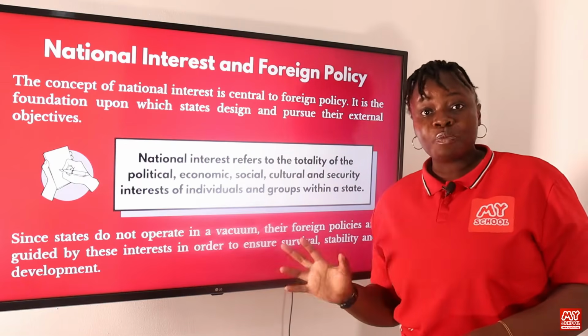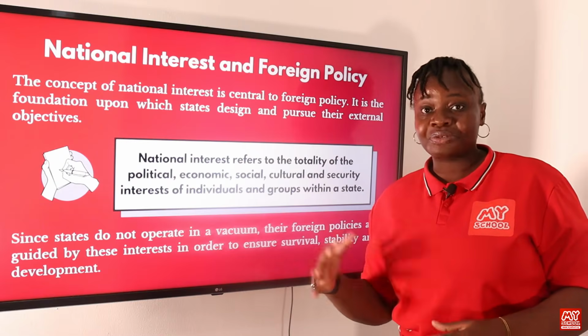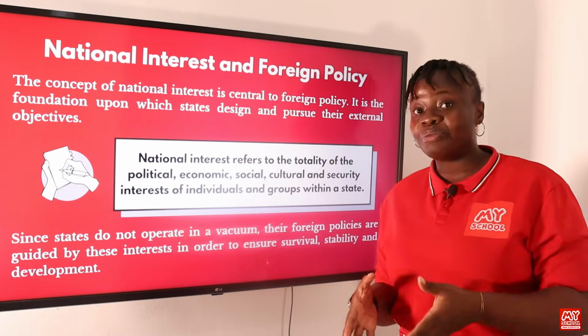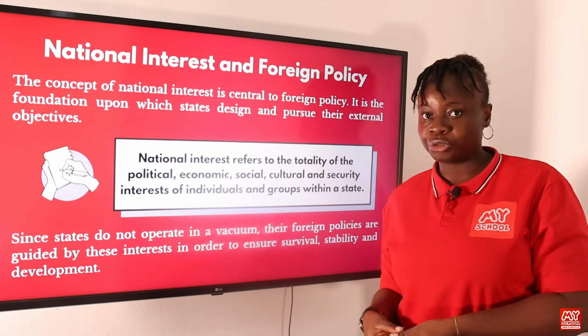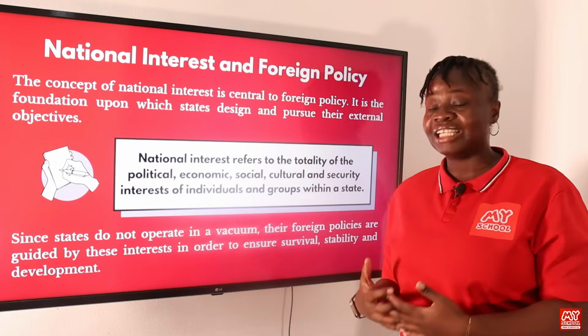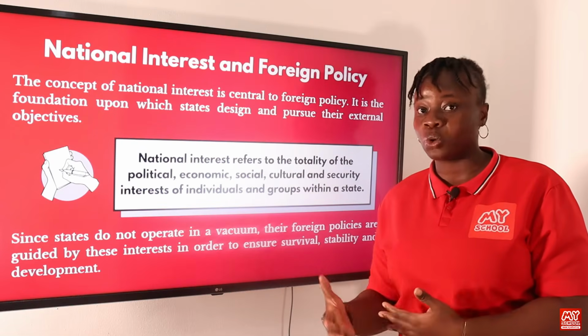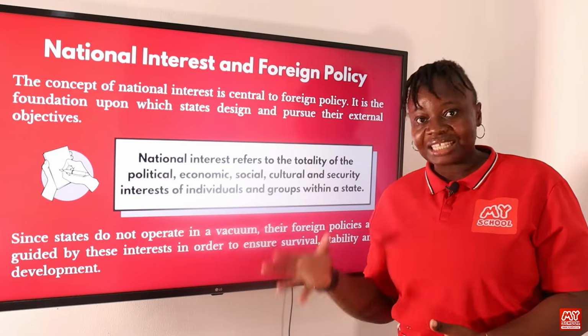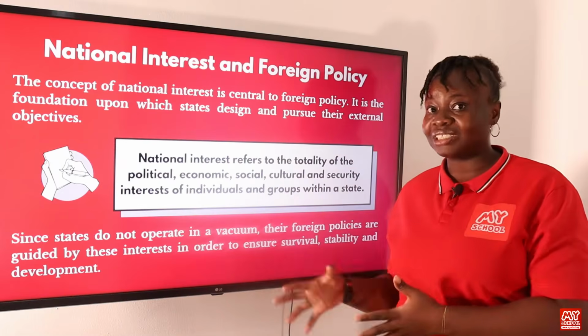So the foreign policy actions, the objectives that are created as a particular nation interacts with other nations of the world, are defined by the interest of the people within that country. If the interest of that particular society is one that is political, they want to ensure that there are certain advantages that the society gains, then the foreign policy has to be geared towards those interests.